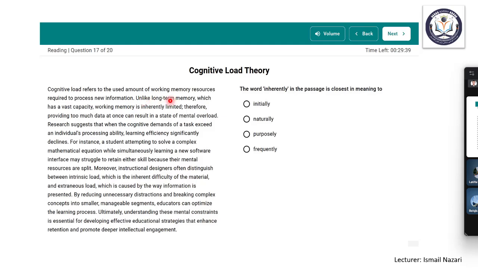Unlike means what we have after that is opposite. Unlike long-term memory, which has a vast capacity, working memory is inherently limited. So, initially, naturally, purposefully, or frequently, which one is the best answer choice?